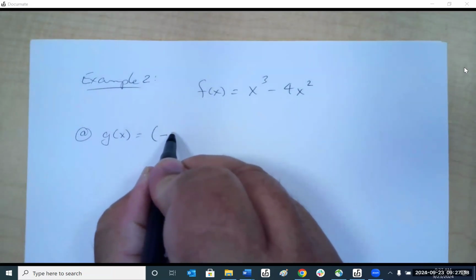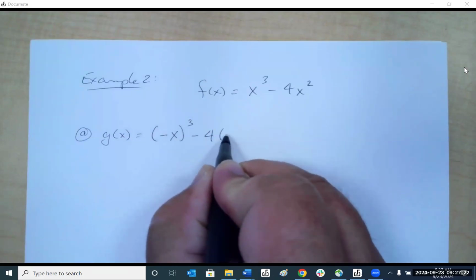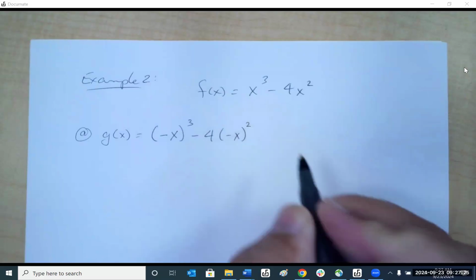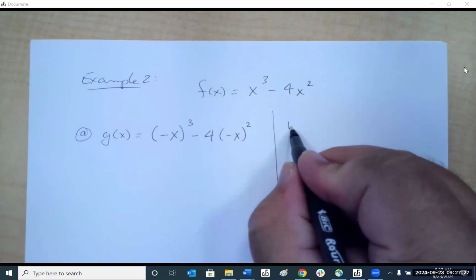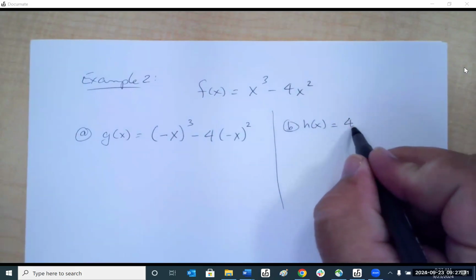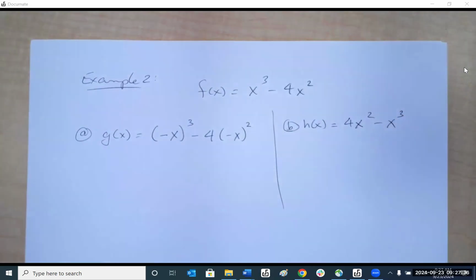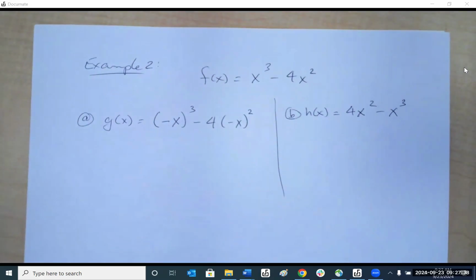Tell me how this graph is going to change, and then tell me how this graph is going to change. First off, what's the basic shape of this graph?